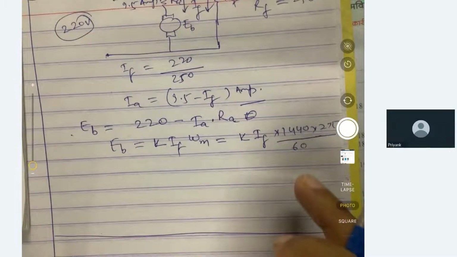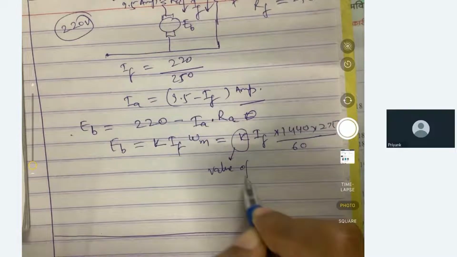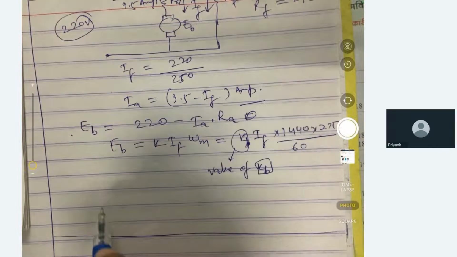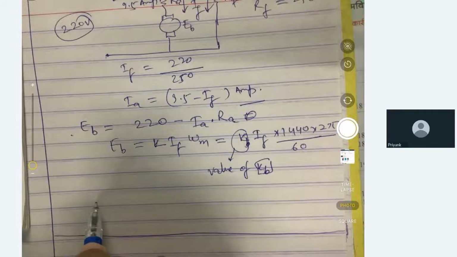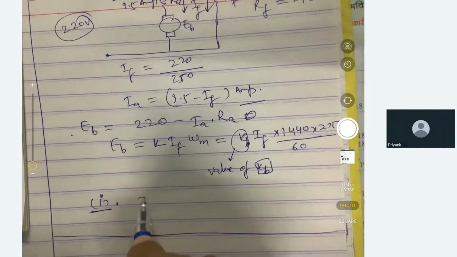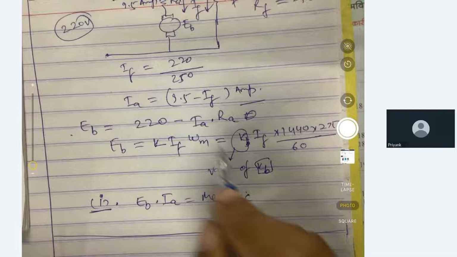From this we can find the value of K, the back EMF constant KB. The first question is to determine the mechanical power developed. The power developed will be EB into IA. We have found EB and IA, so from this we get the mechanical power developed.